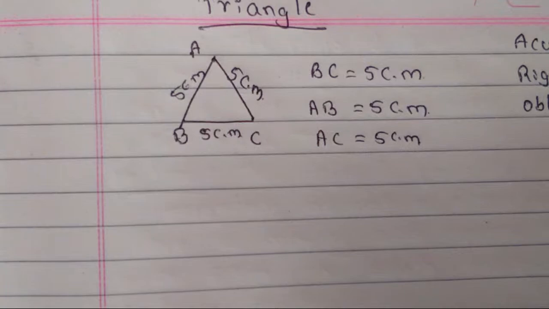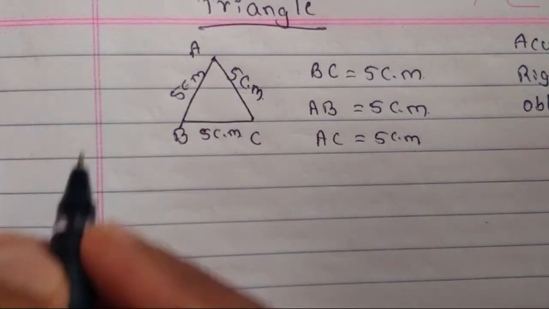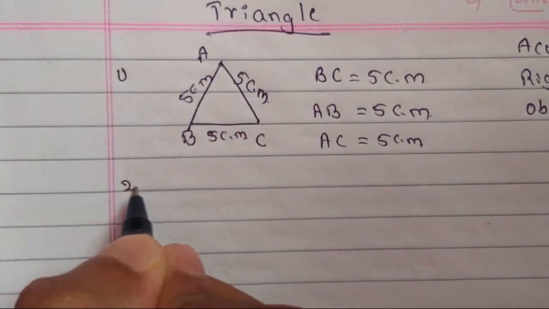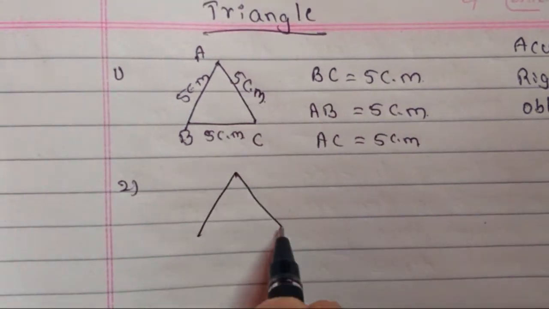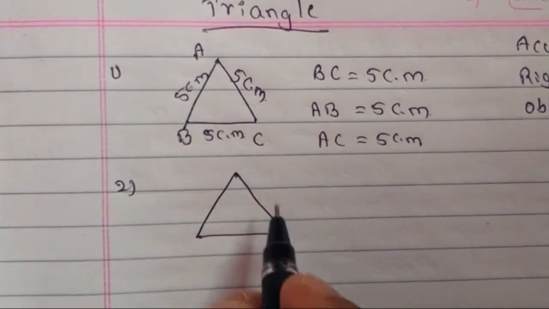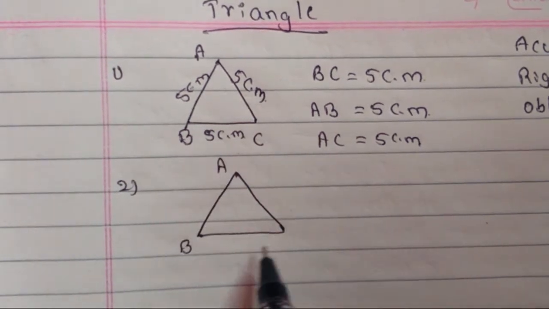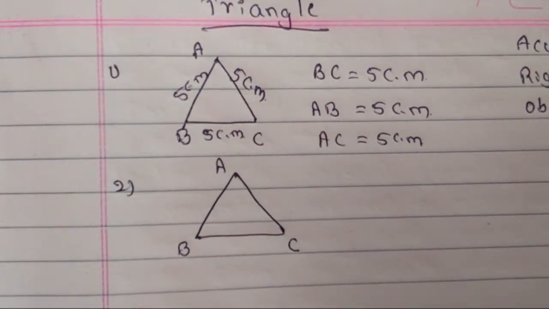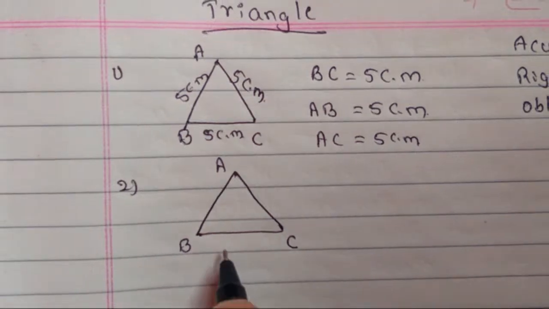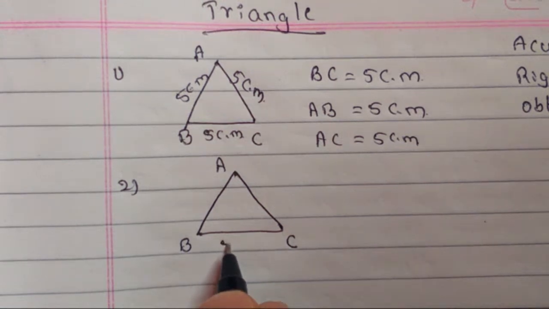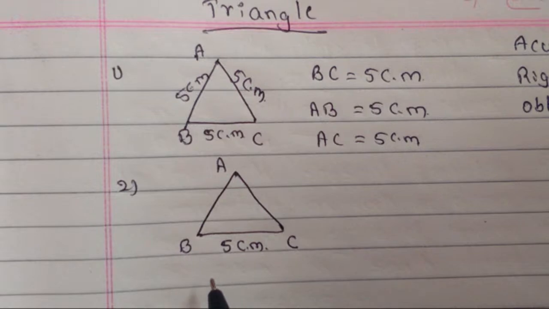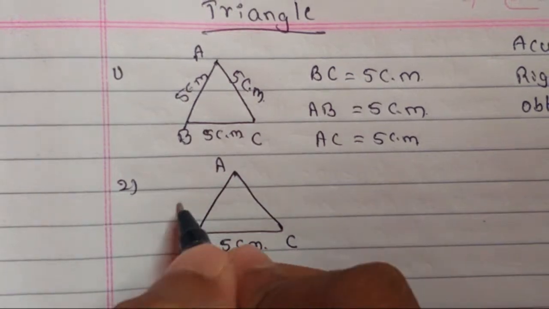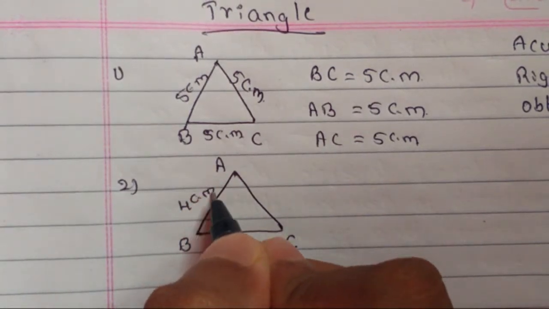Okay, so that is the first category. In the second one, I will consider a triangle and mark the endpoints as ABC again. Now I say the side BC is again 5 centimeters, and AB equals 4 centimeters.